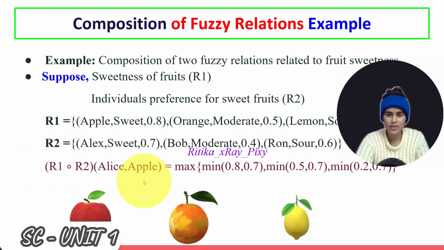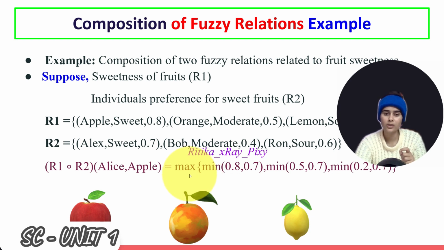Now you can see the composition of these two relations. It represents the individual preference and the sweetness of fruits. This calculates the degree to which Alex prefers the sweetness level of apple based on these two relations. The max operator will find the maximum among these three.